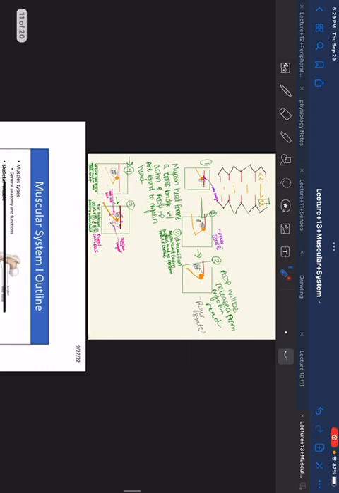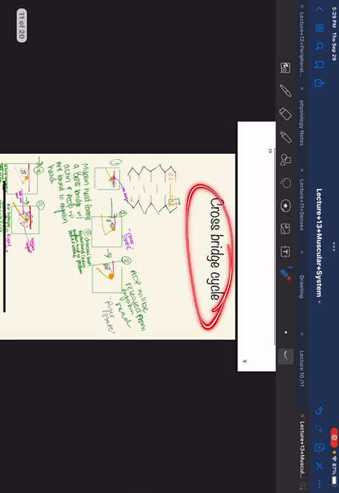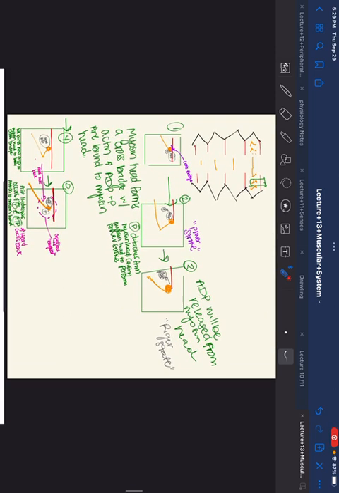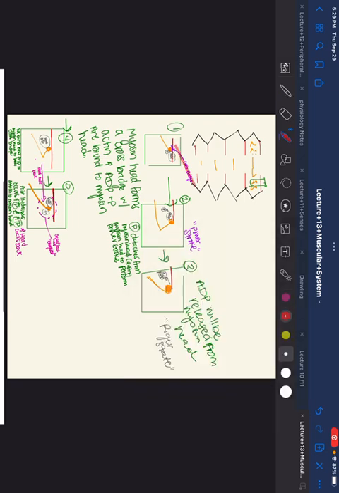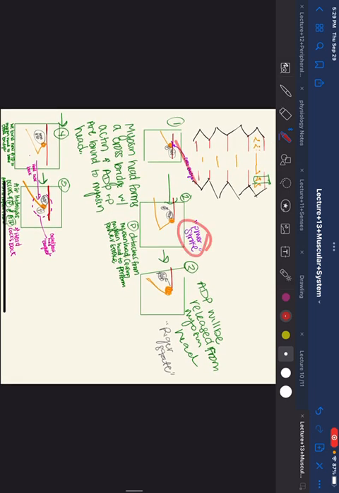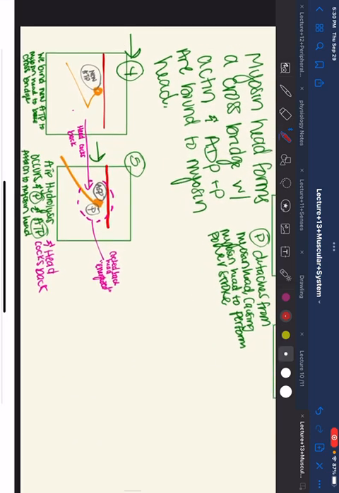So important terms to remember are the cross bridge, the action of the power stroke, the rigor state, and for number 5, we can call this the relaxed state.